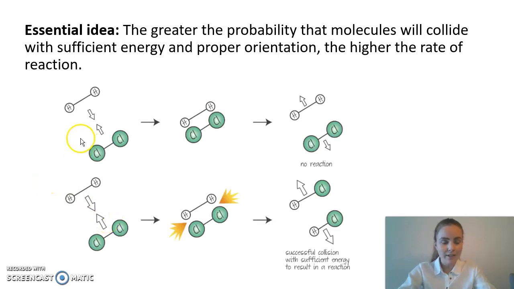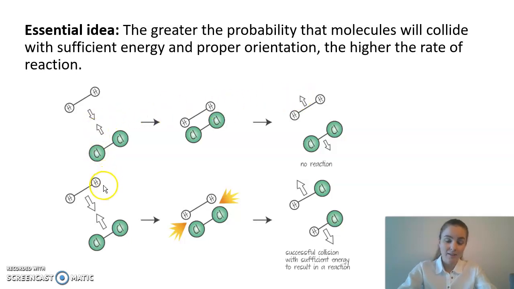So it actually says that if two molecules, like here, we have hydrogen gas and chlorine gas, and if they move towards each other with just a little bit of energy, and they collide, they don't have enough energy to actually make a reaction. So we will end up with those two molecules going apart, no reactions happen.